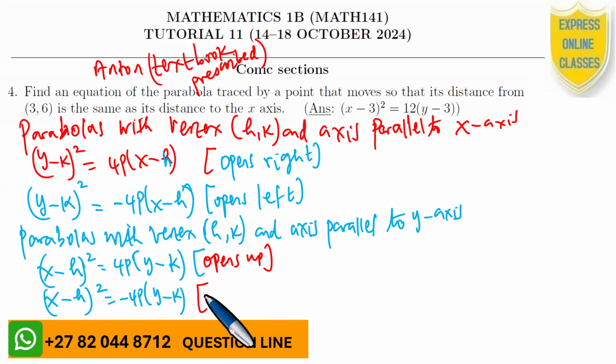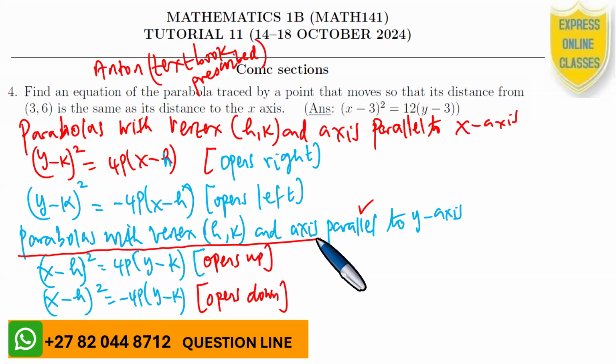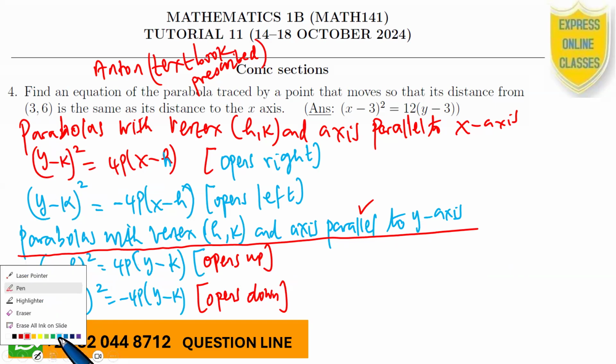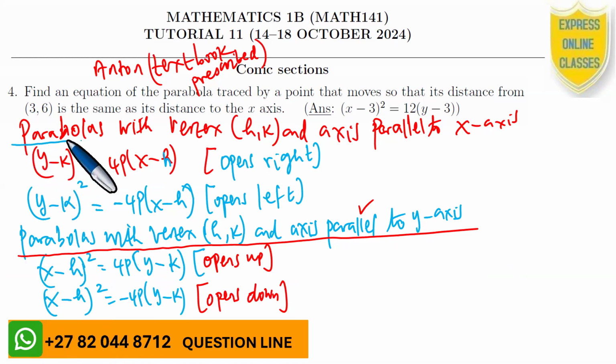And then (x minus h) squared equals minus 4p(y minus k), which opens down. These are the 4 parabolas.